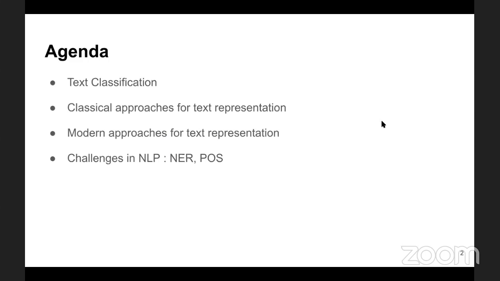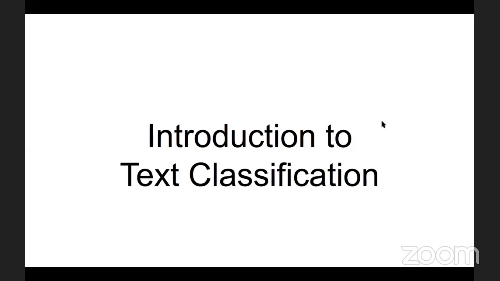And we'll look at how the approaches that we are going to talk about even work when you are dealing with challenging problems such as named entity recognition or part of speech tagging. Don't worry, these problems, yes, they are tough, but not as alien as they might sound right now. All right, let's begin.